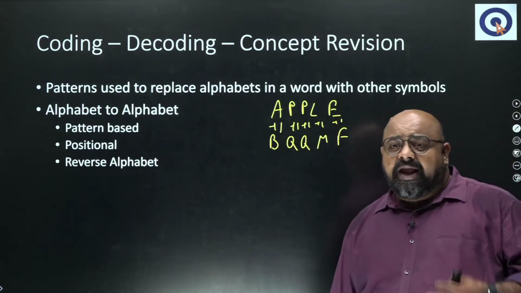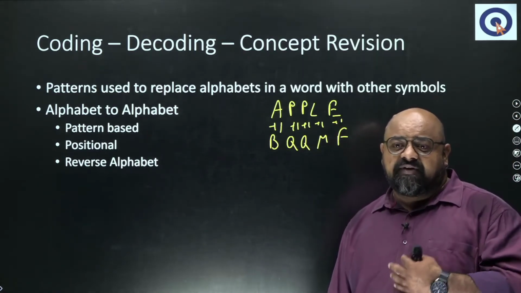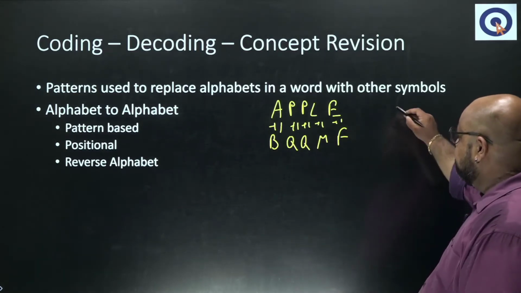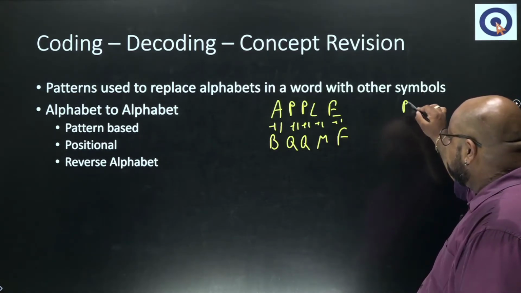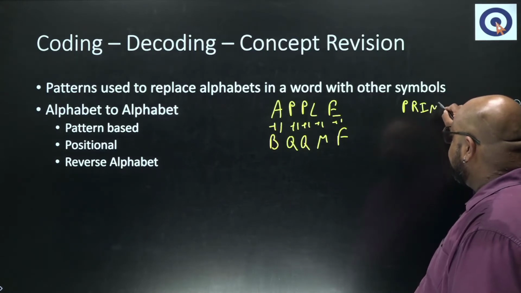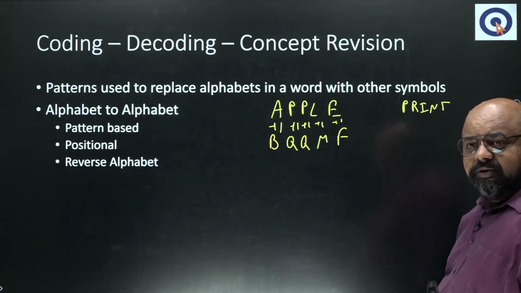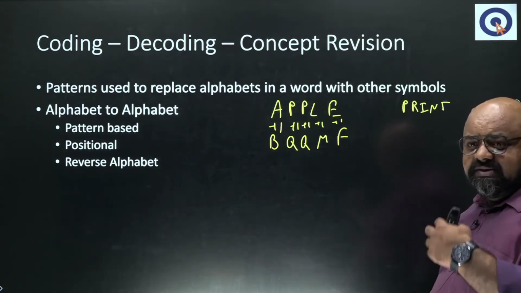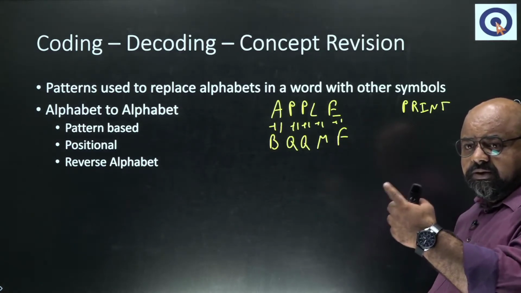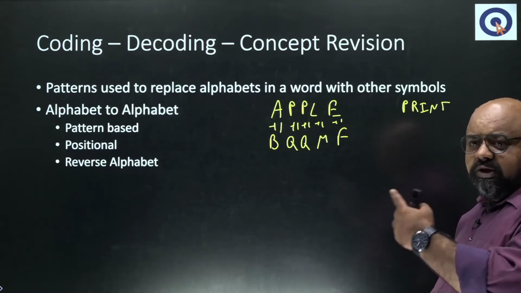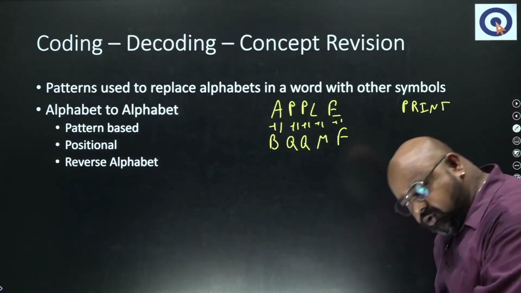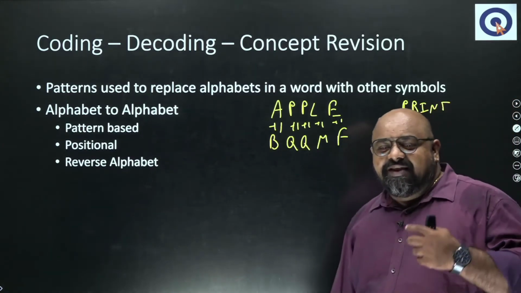So question will say apple is coded as BQQMF. How will you code, suppose, print? Not a problem. I'll add 1 to all of the alphabets. P will become Q, R will become S, I will become J, N will become O, T will become U, right?